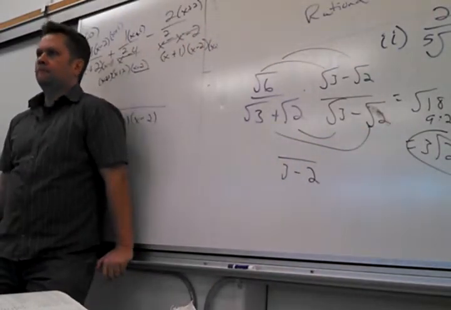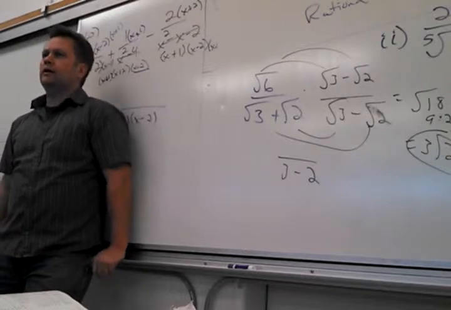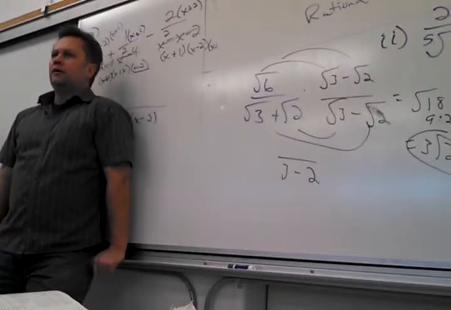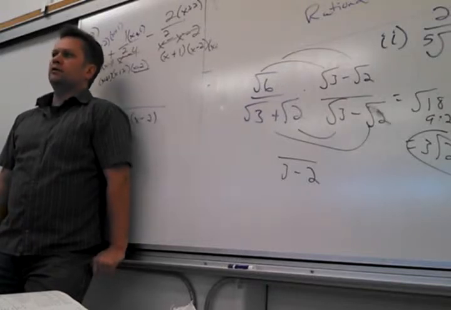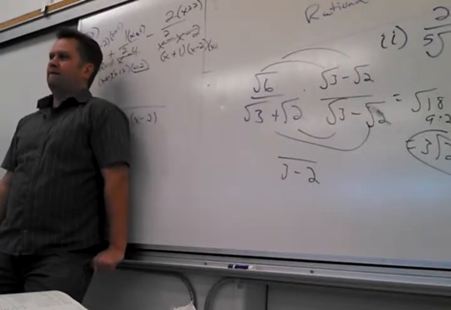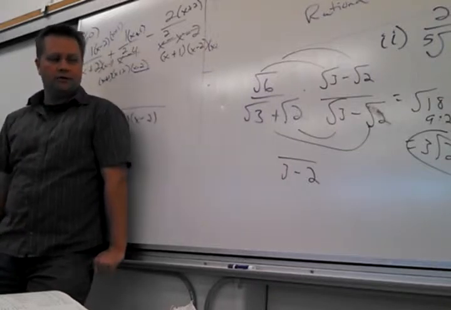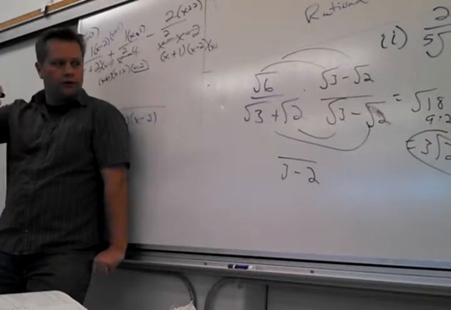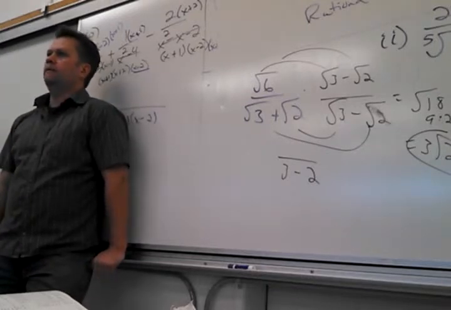Bam. And those I cannot put together because they are not like terms. 3 rad 2s minus 2 rad 3s. It's like 3x minus 2y. I can't do anything with that.